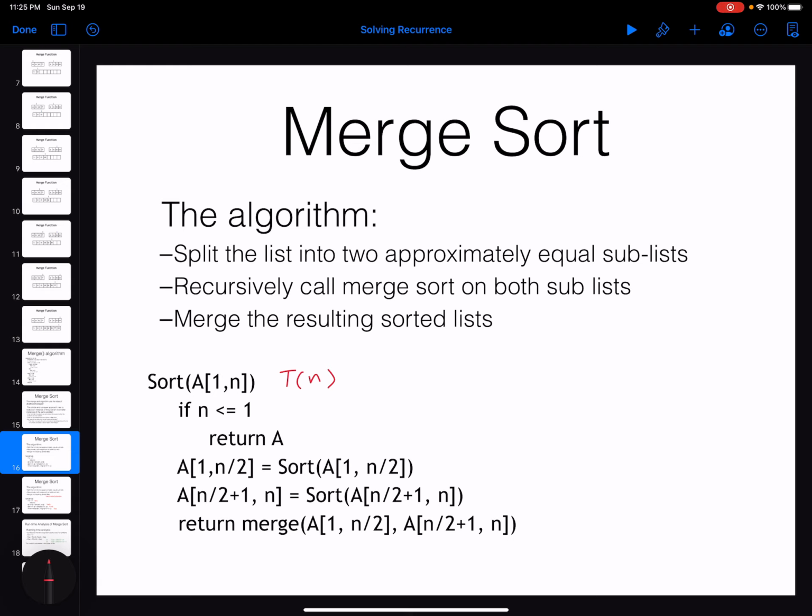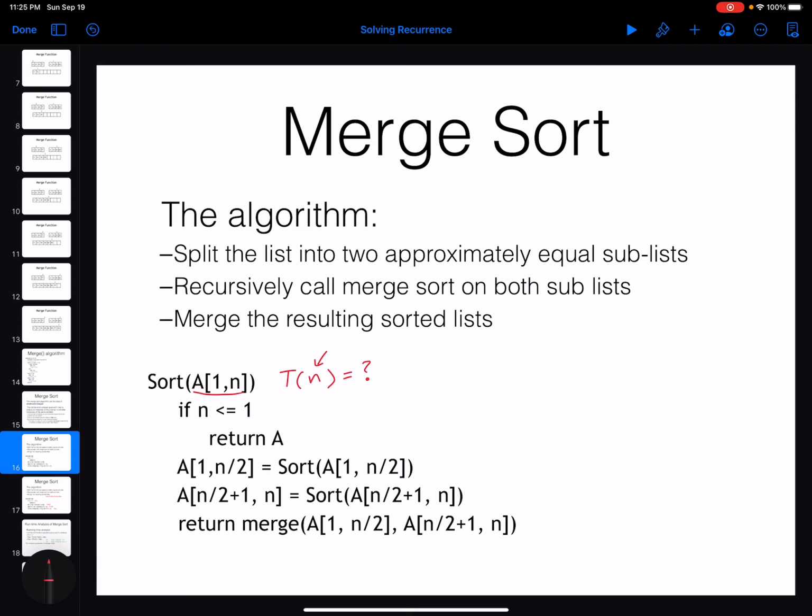This is how much time we would need to run merge sort over an array of size n. Again, this n is the variable that determines the size of our problem. The size of our problem here is the size of the array. So we want to know how much time, based on n, we would need to run merge sort over an array of size n.